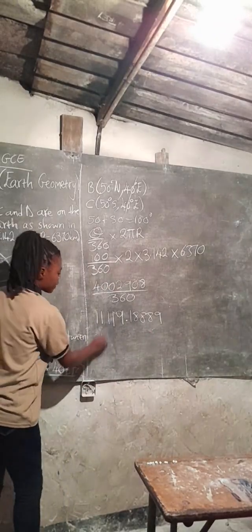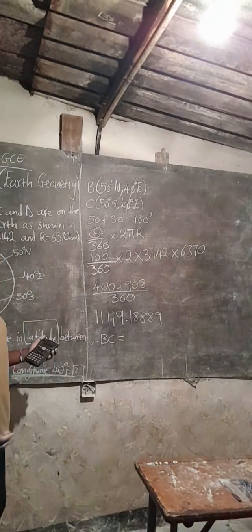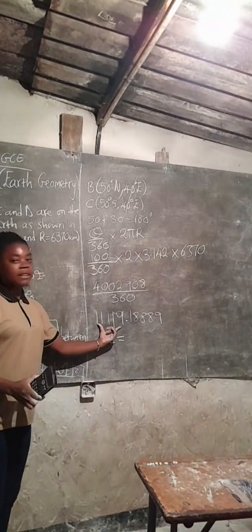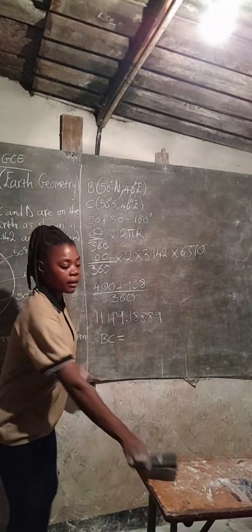So therefore, our BC is equal to this, and we can round off to significant figures, meaning we forget about the decimal point.